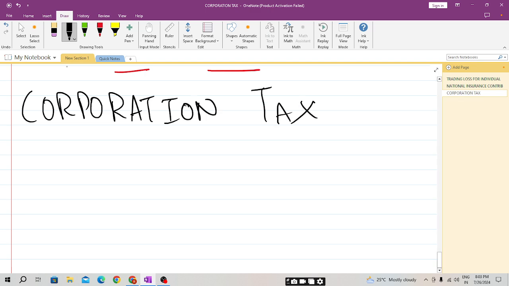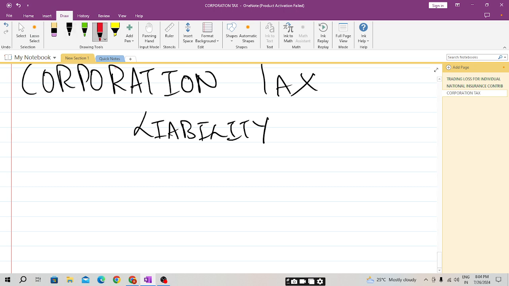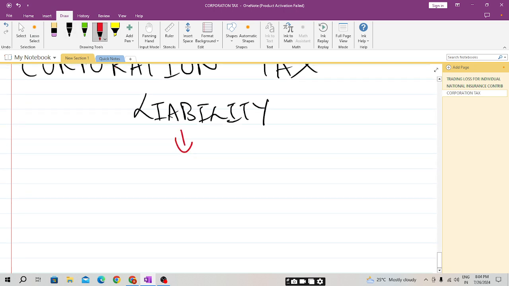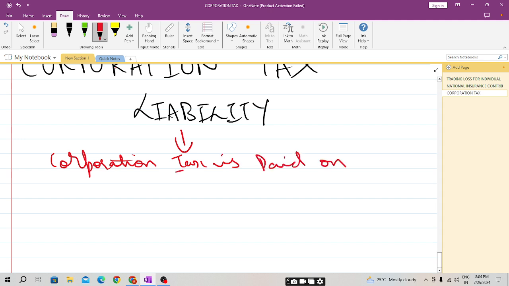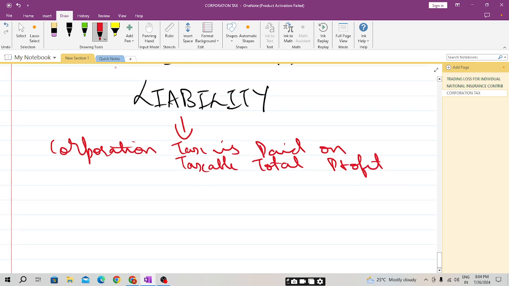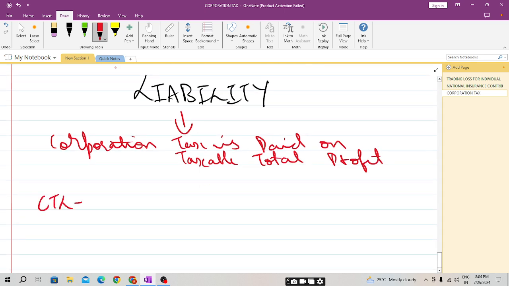As we have already seen, students, the corporation tax is paid on taxable total profit.